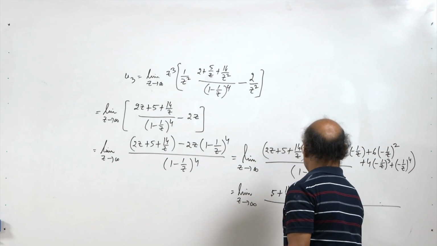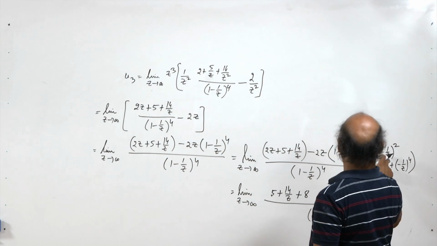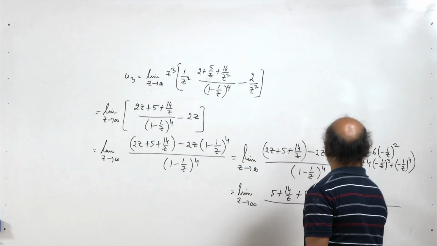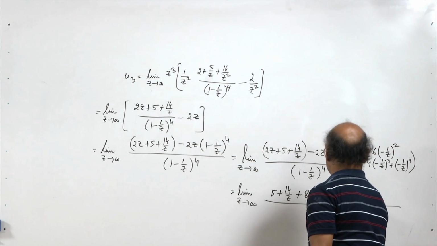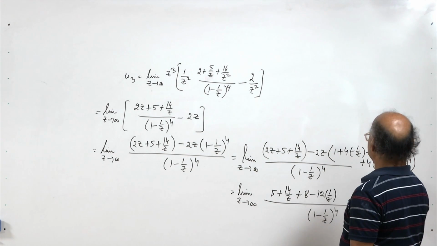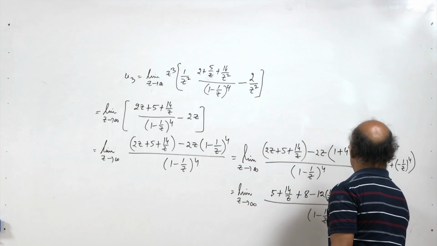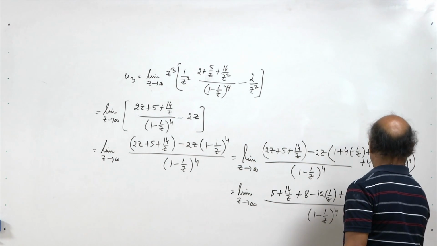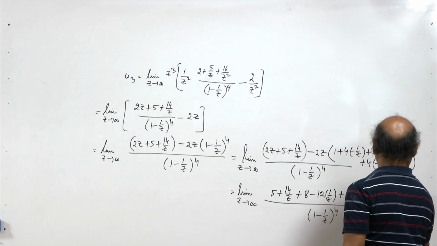So, plus 8, and then this z when multiplied here to z square, what we get is minus 12 into 1 by z, and then we get here minus 1 by z cube. So, we get plus 8 times 1 by z square, and then we get minus 2 times 1 over z to the power 3.